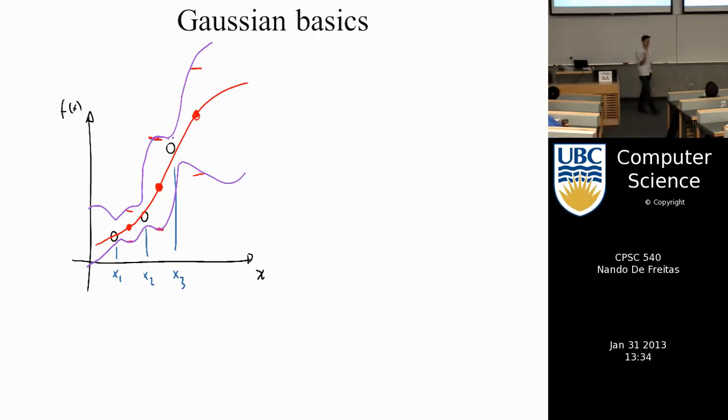So for any point x star, I can compute the confidence intervals and I can compute the mean. If my technique works well, I would expect the confidence intervals to look like that. In other words, where the data is, I have high confidence, so the uncertainty is low. When I don't have data, I can't be too confident. So as I try to extrapolate beyond where my data is, I should not be too confident of the predictions I'm getting.